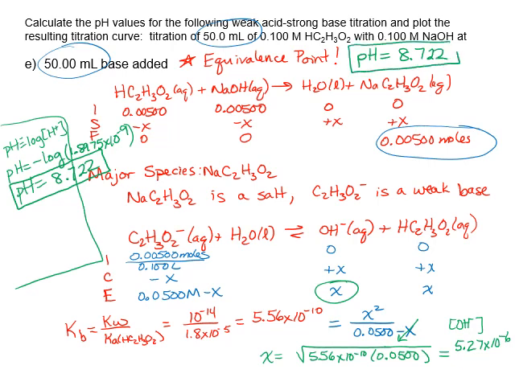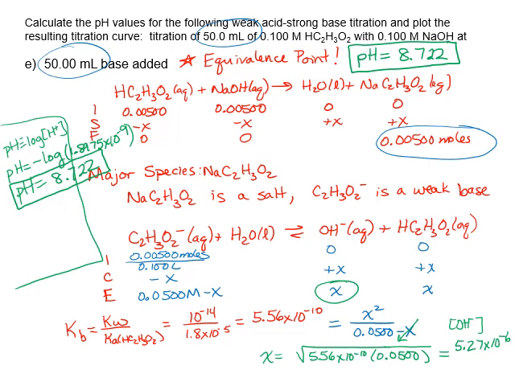So the pH at the equivalence point of this titration of 0.1 molar acetic acid with 0.1 molar sodium hydroxide is 8.722. This might seem a little surprising that it's greater than 7. When we titrated the strong acid with a strong base, remember at the equivalence point, we had a solution that had a pH of 7.